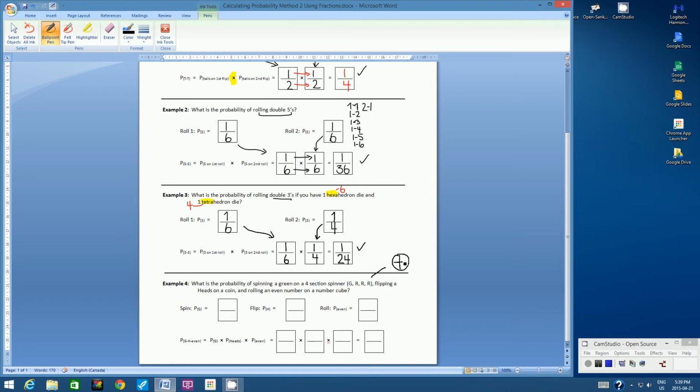It's a 4-section spinner with 3 sections that are red and 1 section that is green. Then we want to see if we can flip a heads on a coin and then roll an even number on a number cube. When I say number cube, it always means the hexahedron die, the 6-sided number cube. Let me give you a head start here and see if you can fill this in.